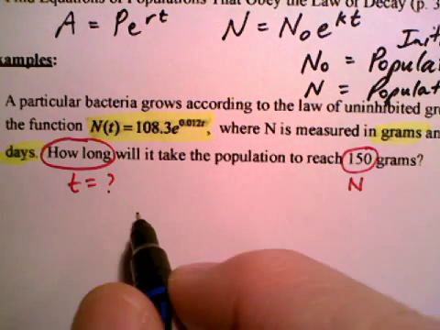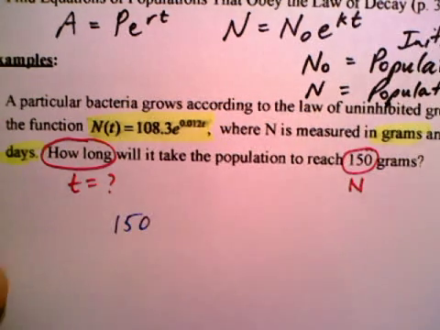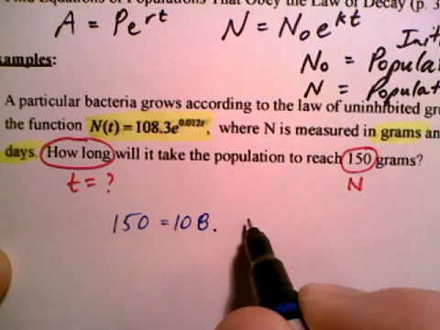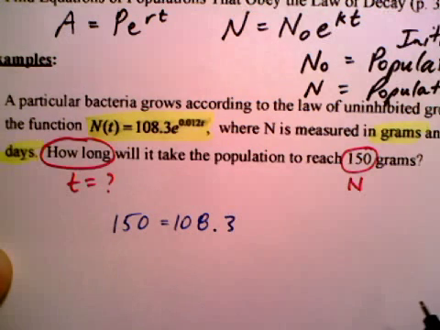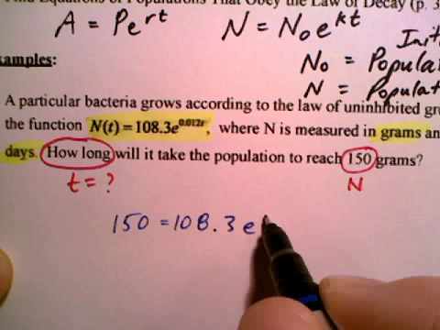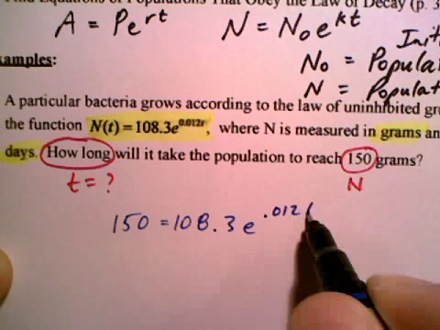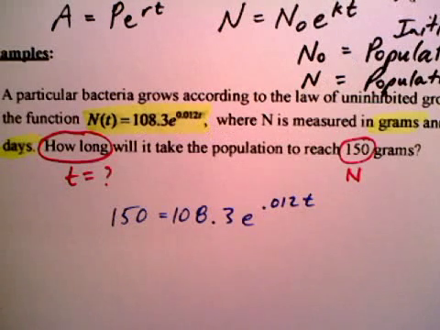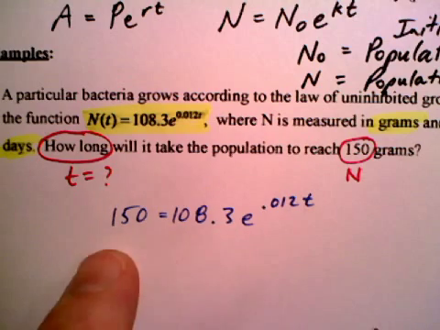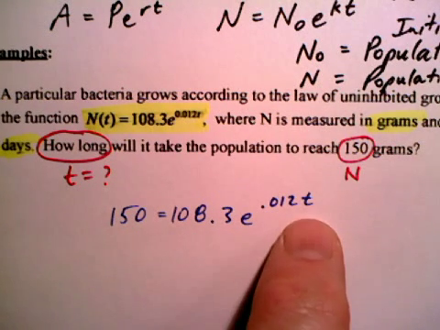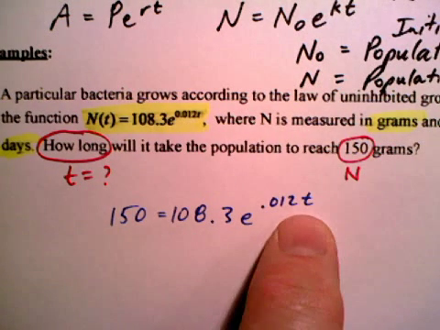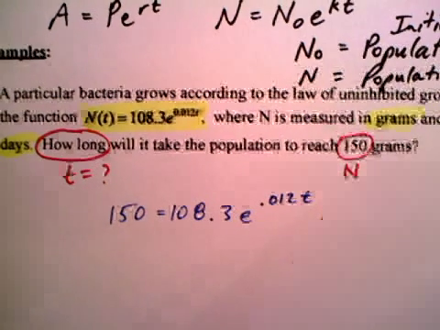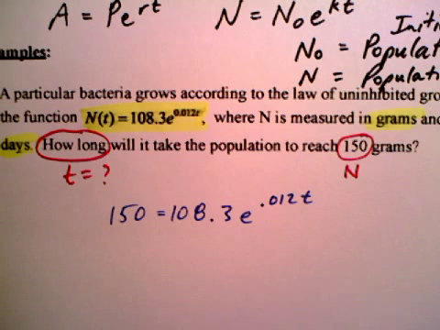We want N to be 150, and the initial population was 108.3 bacteria, e to the 0.012 times t, and this is our exponential equation that we need to solve for t, and that would give us how many days it would take the population to reach 150 grams.